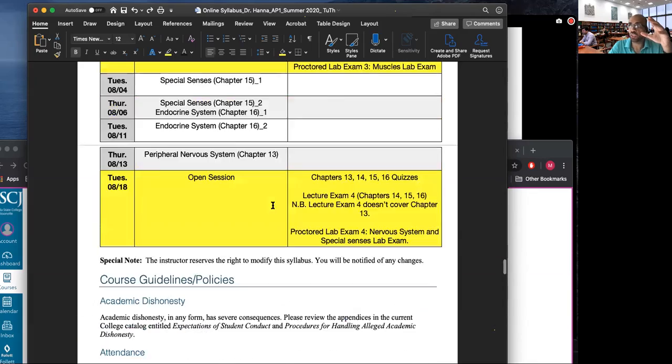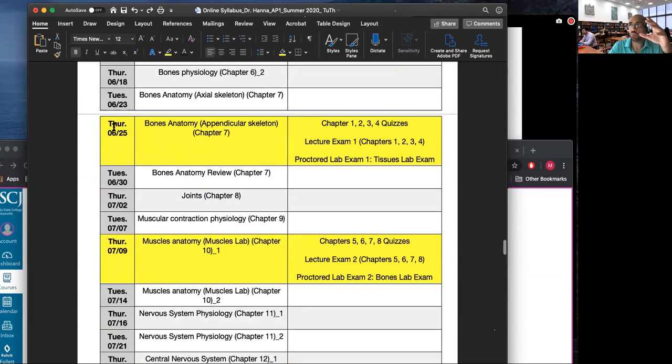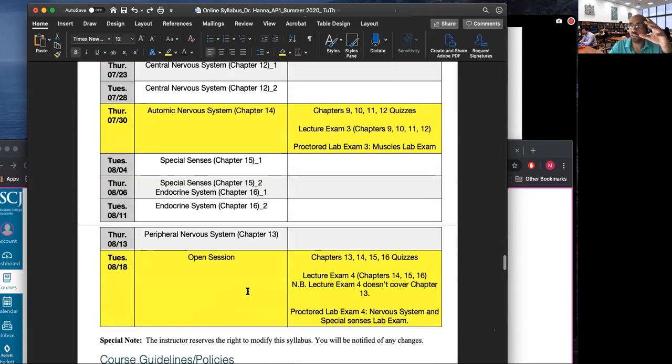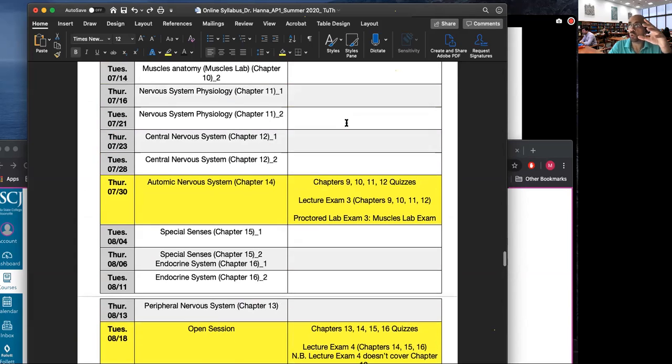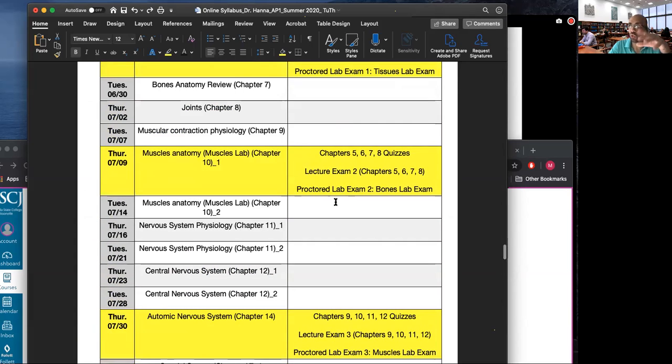Those are the 4 due dates. Lab assignment 1 is due on that day, lab assignment 2, lab assignment 3, and lab assignment 4. They are all due on the corresponding due date on which you're going to be completing the lab exam.